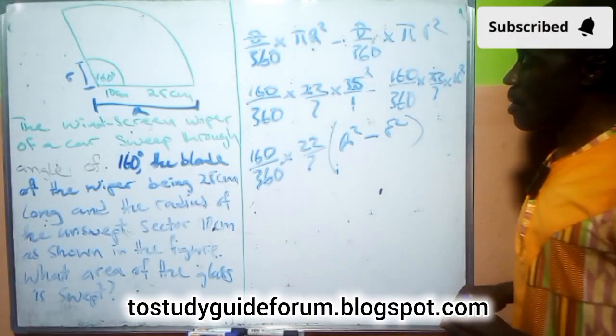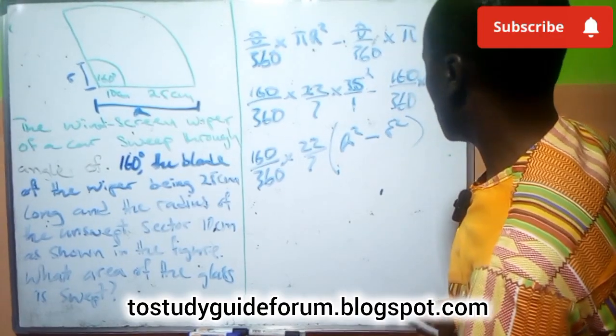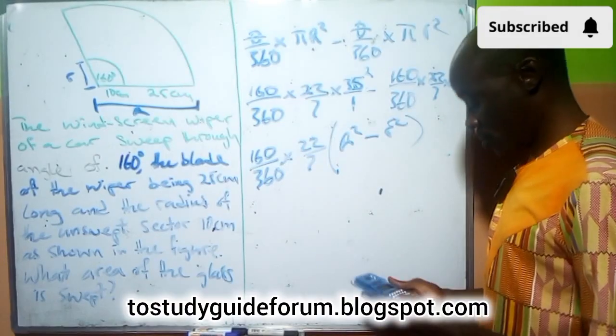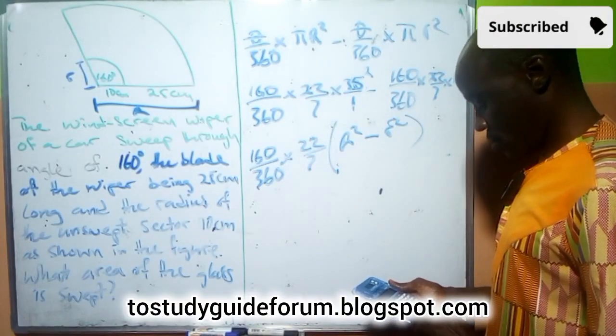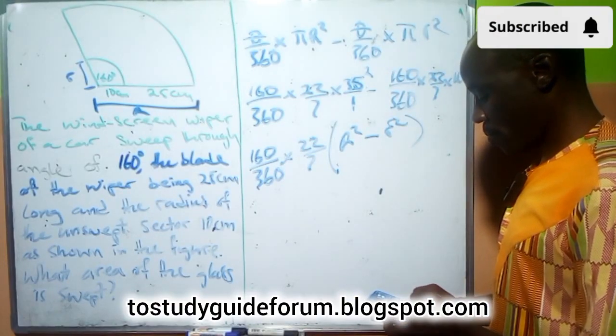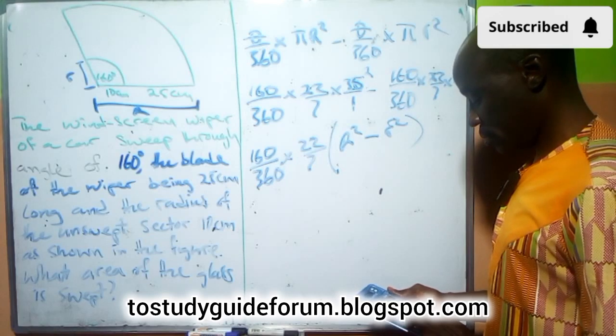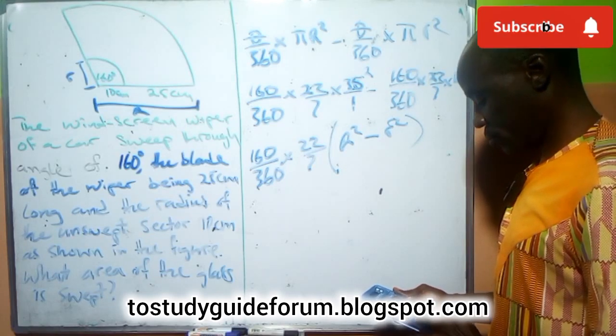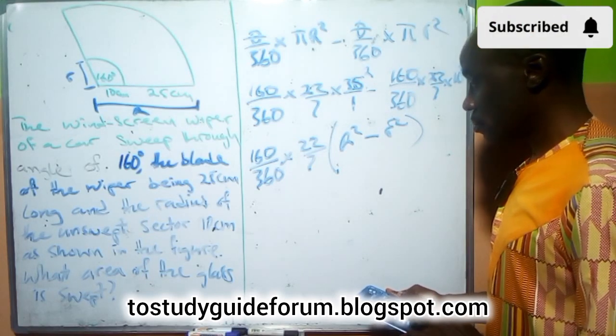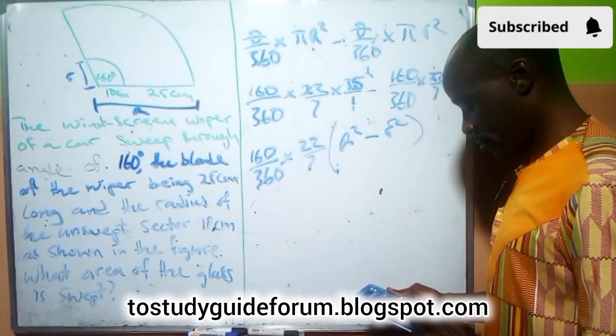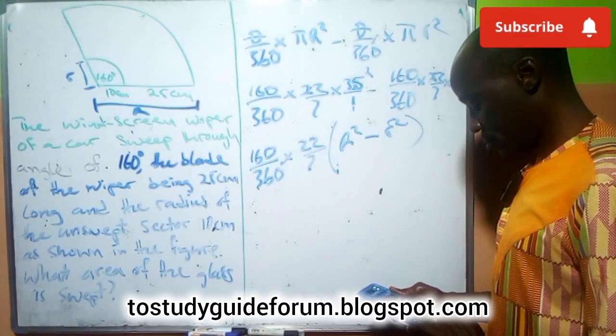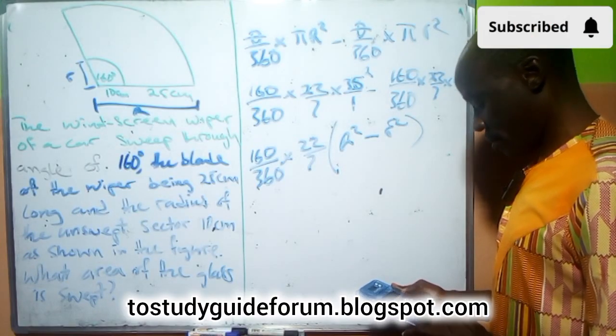So let's see what we are going to get when we multiply through: 106 times 22 divided by 7.